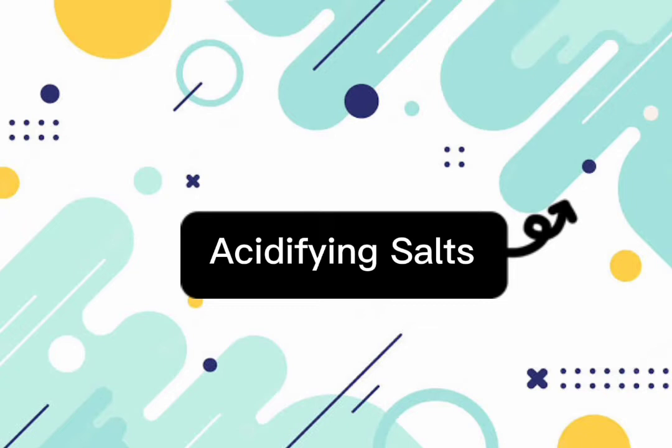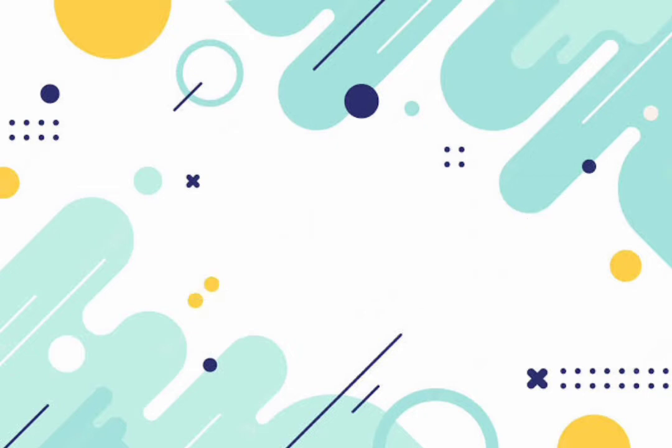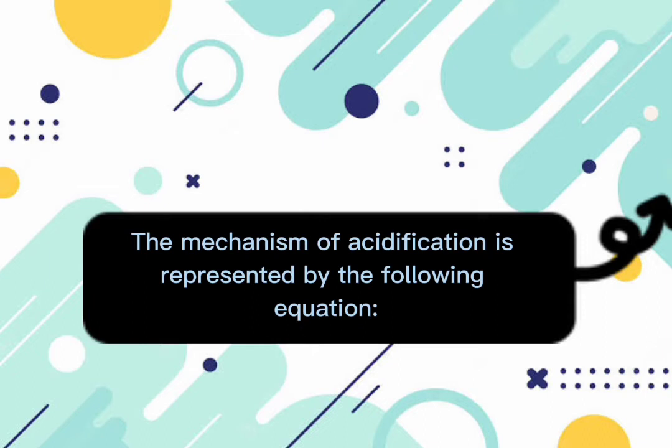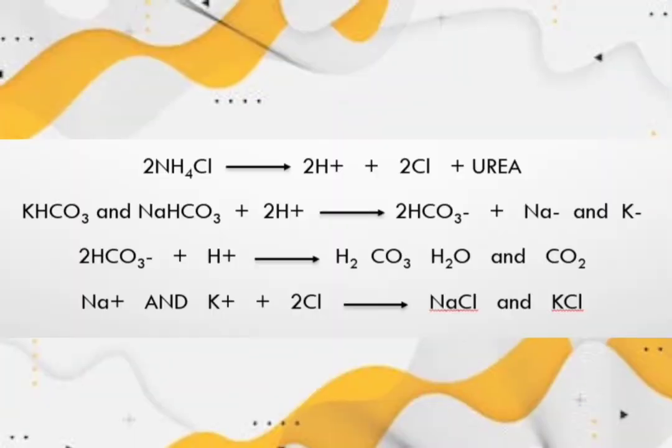In acidifying salts, some inorganic compounds produce weak acidotic diuresis, such as ammonium chloride, ammonium nitrate, and calcium chloride. The mechanism of acidification is represented by the following equation.